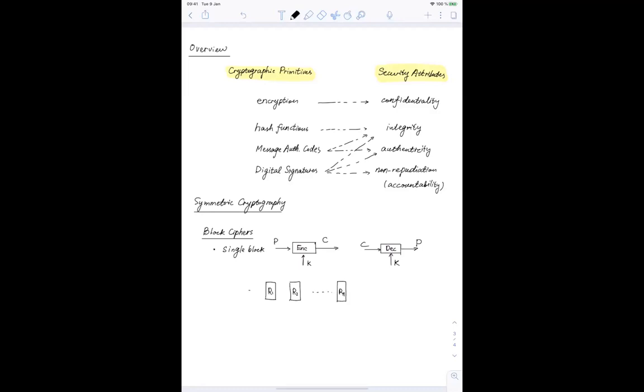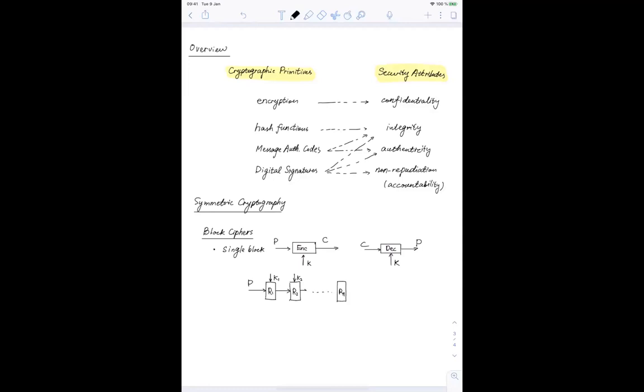Now in this case, we have the input, the original plaintext, and for round function 1, we have a round key. We denote it as key K1. And the output will be input to the second round function. And here we have another round key, K2.